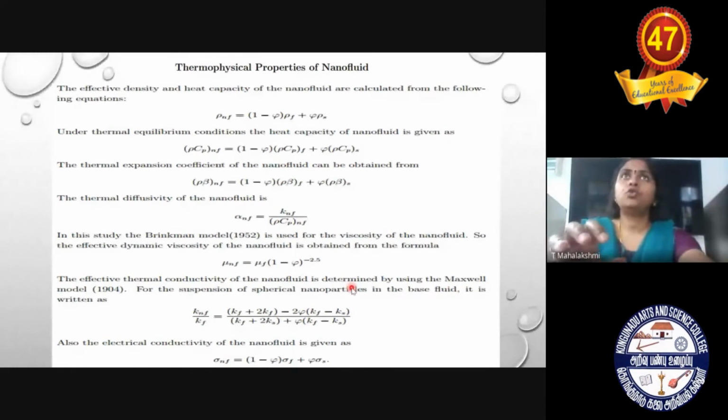Whenever we choose a nanofluid for our particular problem, we need to calculate the dynamic viscosity and thermal conductivity. These two are very, very important. Once we get the accuracy clearly, we can proceed with the particular nanofluid we have chosen in our problem.